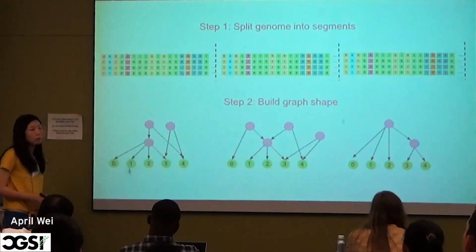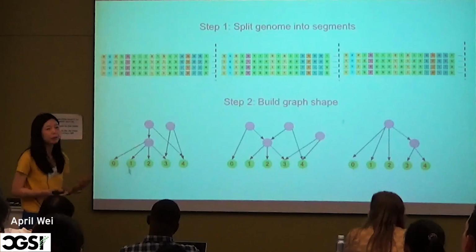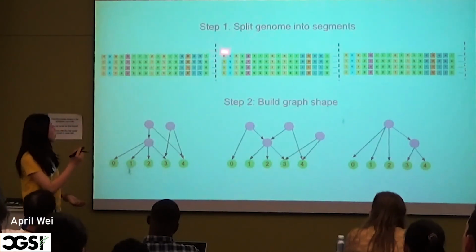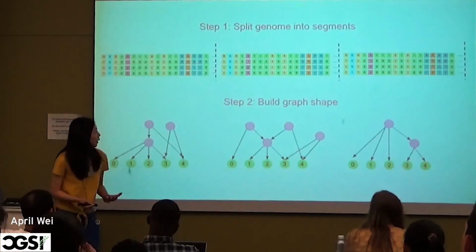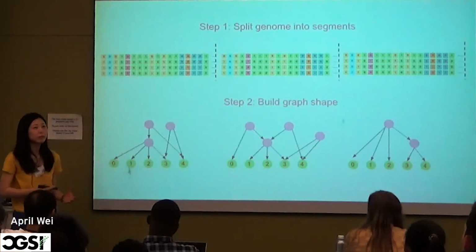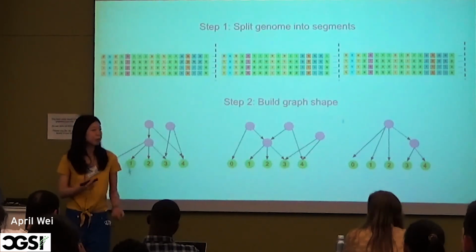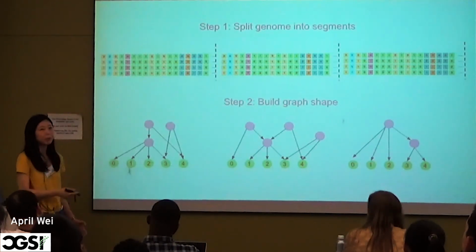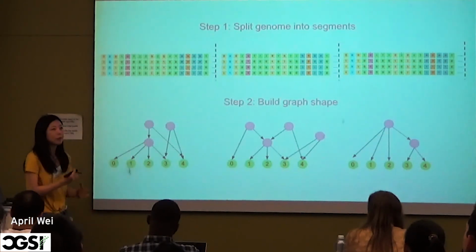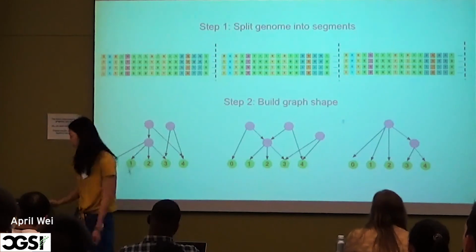So to do that, we developed a method to do this inference, and it roughly has 5 steps. First, we split the genomes into segments, and then we try to build a graph shape within each segment. This is like trying to find the consensus relationship among these haplotypes and make it a graph based on how similar these haplotypes are to each other.